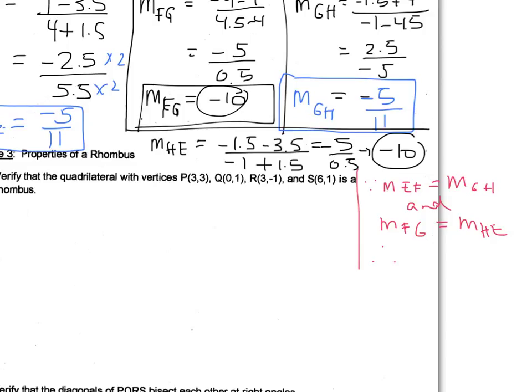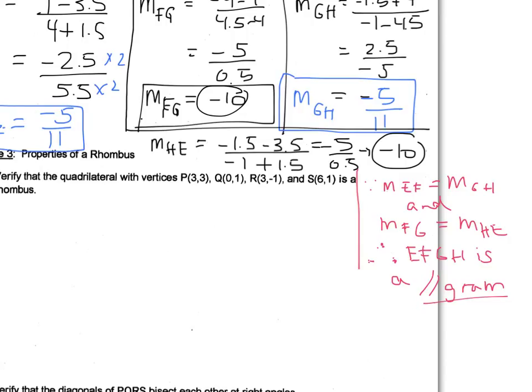Therefore, that means that quadrilateral EFGH is a parallelogram, and I'm going to be very, very lazy with the word parallelogram, if it's okay with you guys. Parallelogram. There's my abbreviation. Just a conclusion that it is in fact a parallelogram.